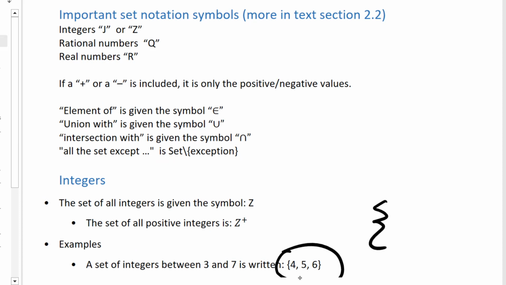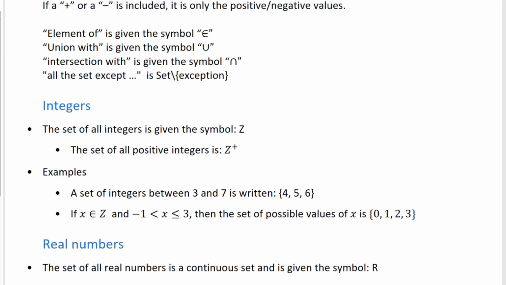So here's an example. The integers between 3 and 7, the set is squiggly bracket 4, 5, 6. So if x is an element of integers and x lies between -1 and 3, it's also equal to 3, then the set of possible values for x, again we're using the squiggly brackets to represent the set.